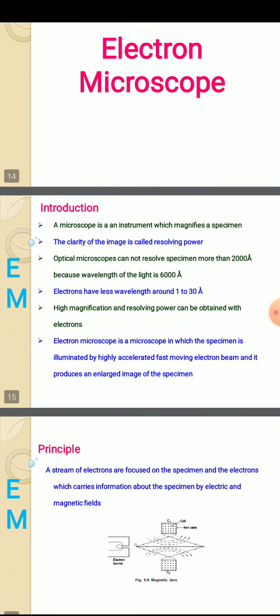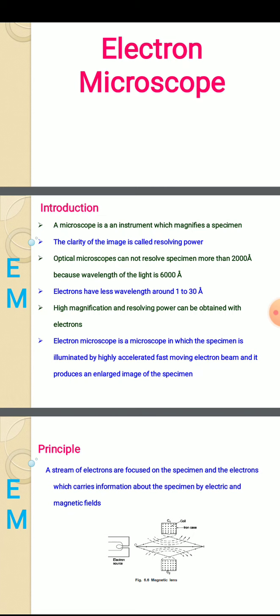Because of this only, the resolving power is less. But instead of an optical source, if you use electrons, the wavelength is less. The wavelength of an electron is around 1 to 30 Angstrom. Due to this reason, the electron microscope gives high resolving power and also high magnification.